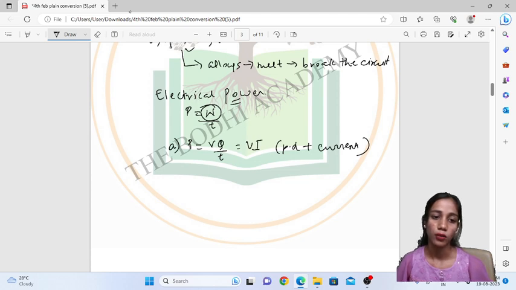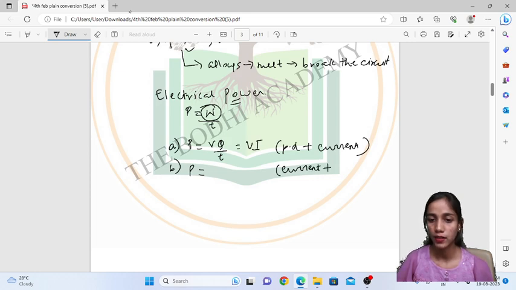Now the second form will consider the current and the resistance. It will not have the potential difference. So we are substituting this potential difference using Ohm's law.